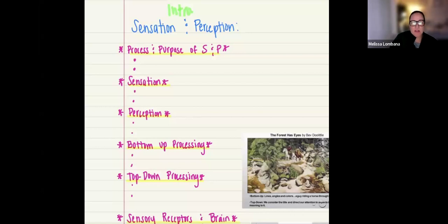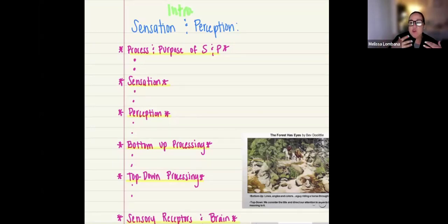perception is basically the process of organizing and interpreting our sensory information, and this is all happening inside the brain. This is also the part where it gives meaning to objects or events.